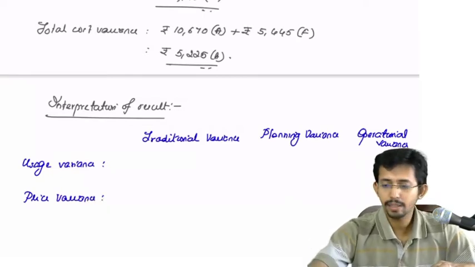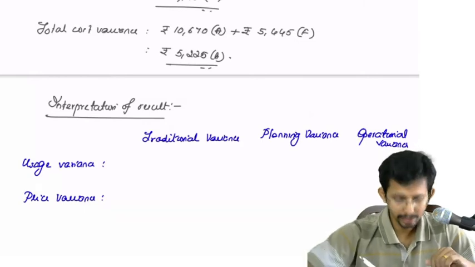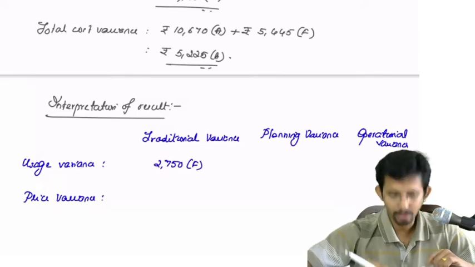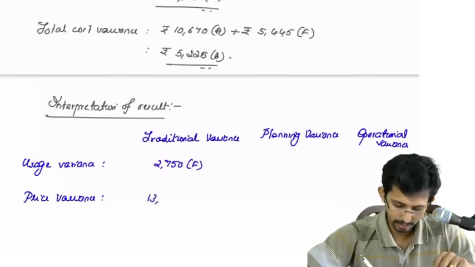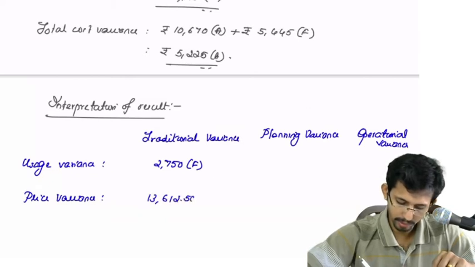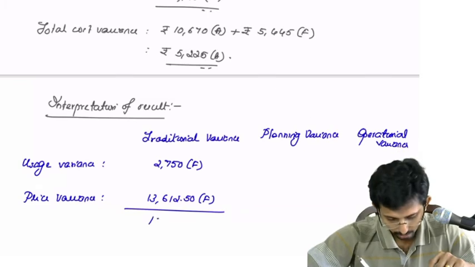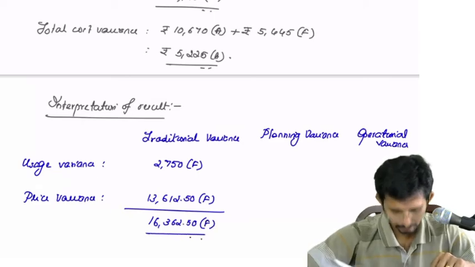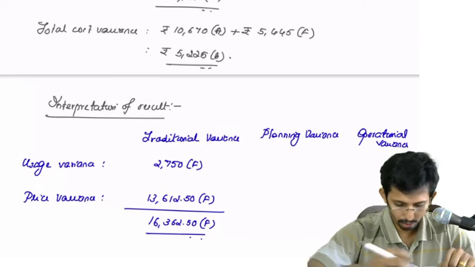Traditional variance: what is usage variance? 2,750 favorable. Price variance how much? 13,612.50 favorable. Total comes to 16,362.50 favorable.